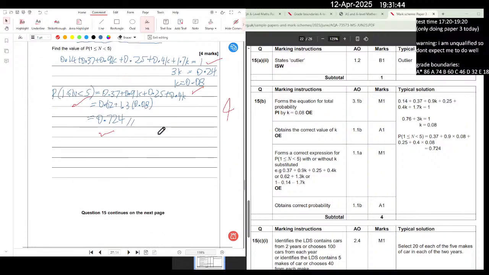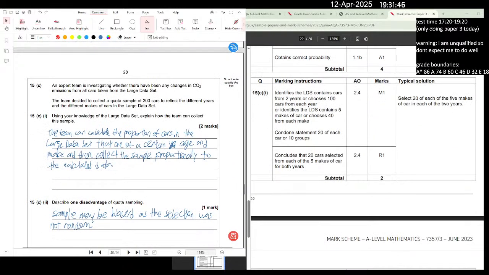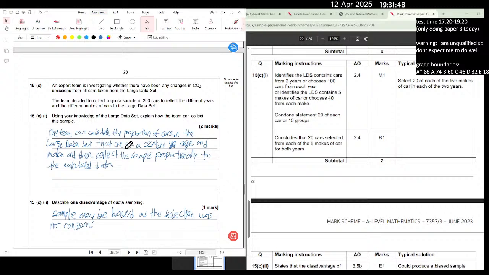How the hell is this 4 marks? I don't know. Alright, 15C. What identifies the LDS contains cars from 2 years or chooses 100 cars from each year?